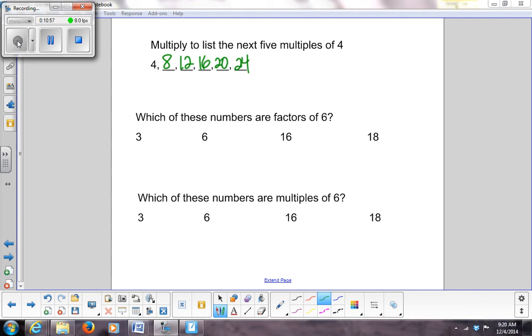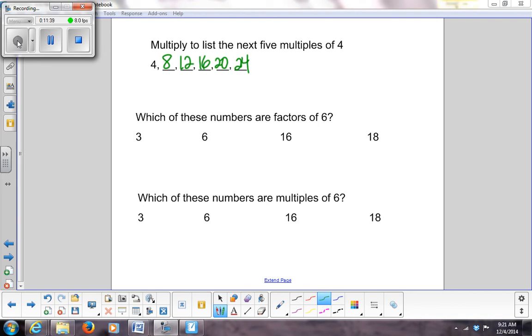How about this? Which of these numbers are factors of 6? Write them in your notebook. Factors of 6, not multiples. You've got to know the difference between factors and multiples. That's incorrect.